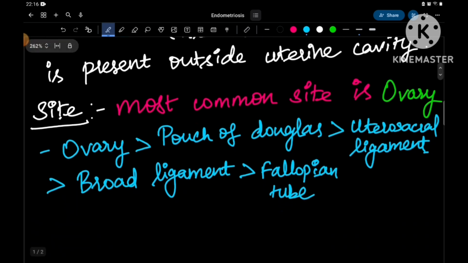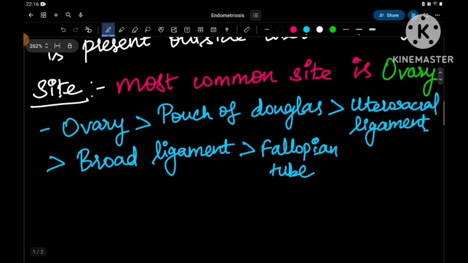Yes. But you can ask me, are these the only sites where this endometriosis can occur, where this endometrial tissue can spread? No, there are other sites also. It can occur anywhere in the body.